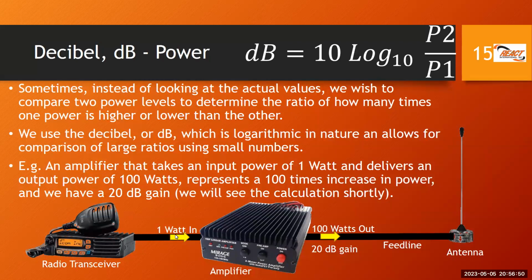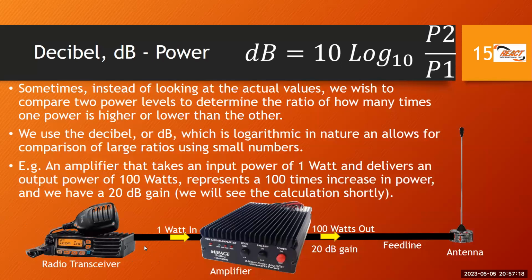So what that means is that it is amplifying our radio signal that is leaving this radio, coming in at 1 watt into the amplifier and leaving at 100 watts, going to the antenna via the feed line. So this is a typical radio setup, a very basic, simple representation as hams, how we have our station set up. Radio, we may have an amplifier, and we may have an antenna, for example.